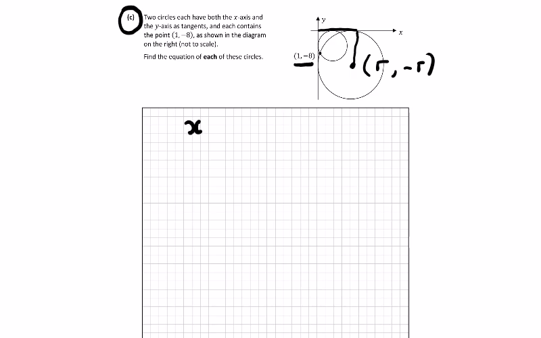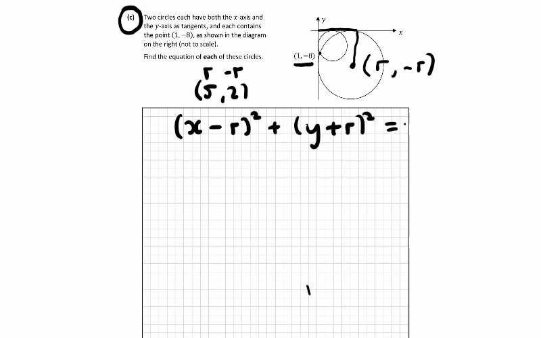So if the center was 5, 2, we'd have x minus 5 squared. So here we have x minus r squared, plus y minus minus r squared, is equal to r squared. And again, like earlier, we have three unknown variables, x, r, and y, but we have a value here for x and y.